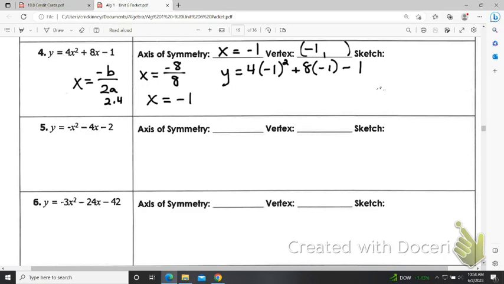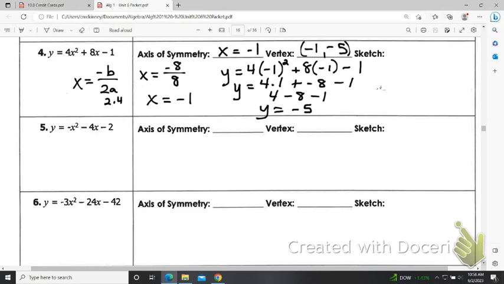Exponents happen before multiplication, order of operations, right? So this becomes 4 times 1, and then negative 8 minus 1. So I've got 4, subtract 8, subtract 1. So my y here is negative 5.